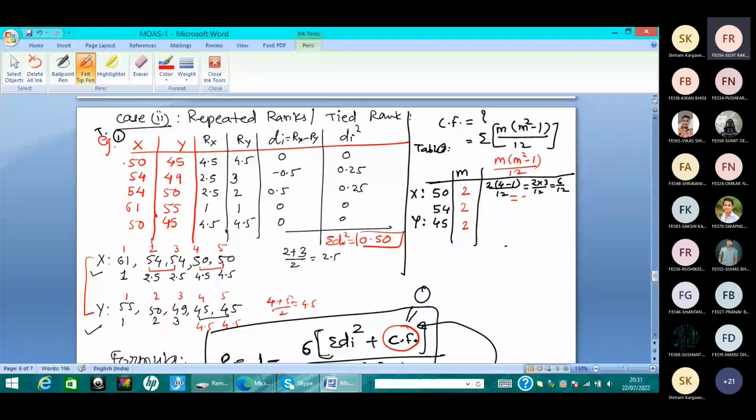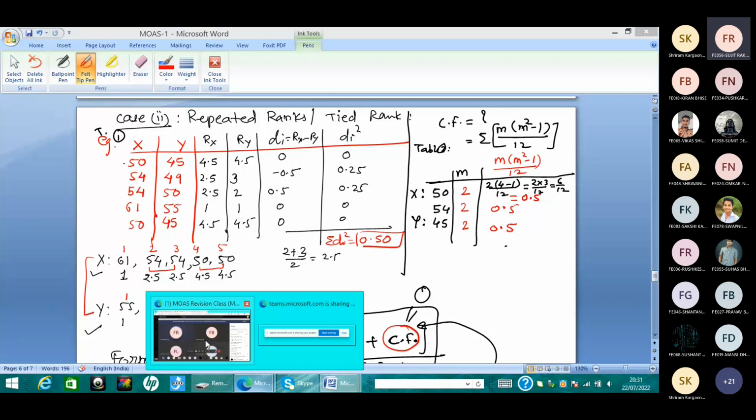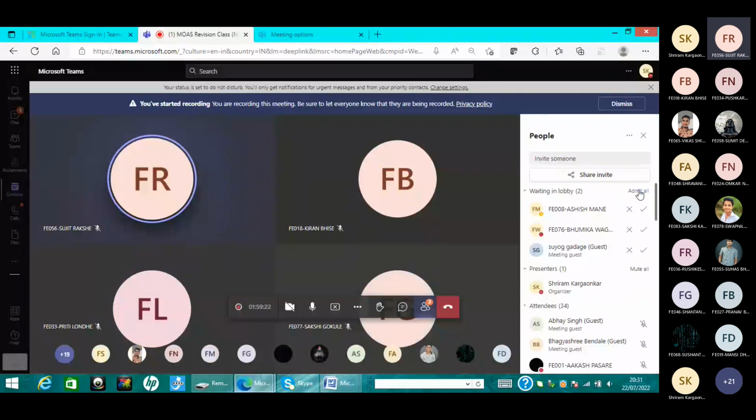Similarly, you will get 0.5 here and 0.5 here, because M is the same: 2 for 50, 2 for 54, and 2 for 45. All three values are repeating 2 times only.